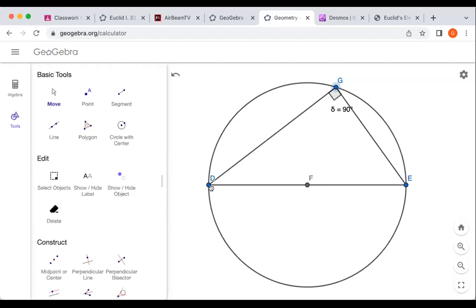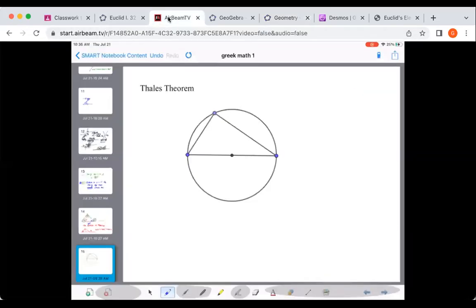If this third side did not go through the center, that wouldn't be true anymore. So it's not just generally true about a triangle inscribed in a circle, but if the triangle is inscribed in a semicircle, it's going to be a right angle. And that is called Thales's Theorem.